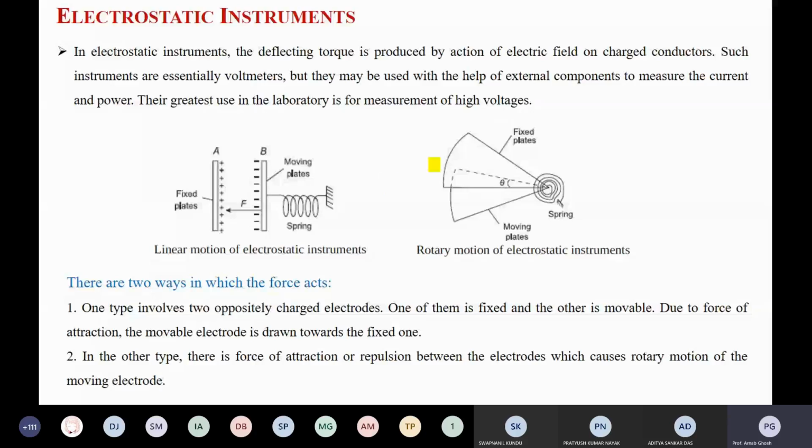So this is a linear motion electrostatic instrument. Another one is called the rotating motion electrostatic instrument. Linear motion means it moves linearly, so there is no theta. But in a rotating motion electrostatic instrument, theta is there.